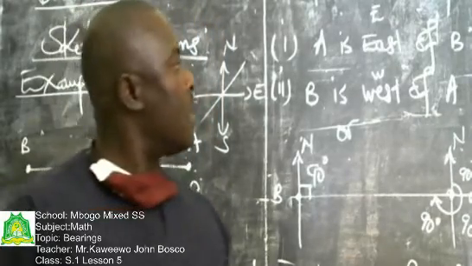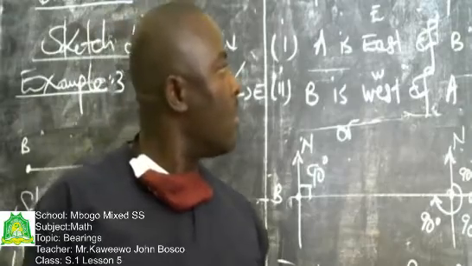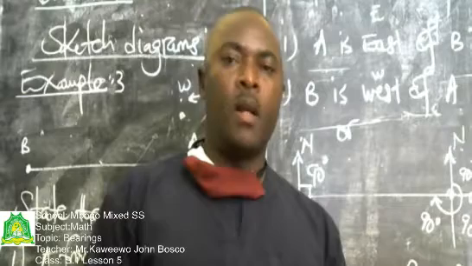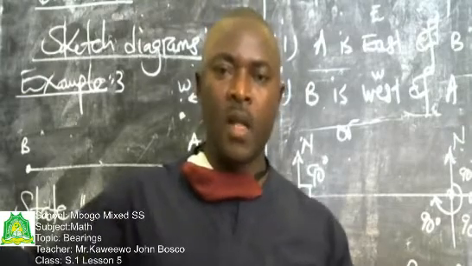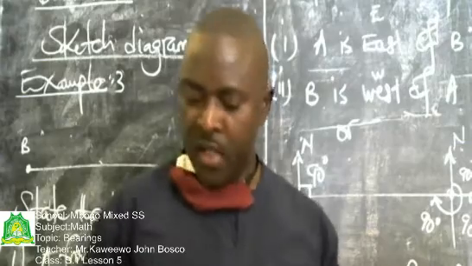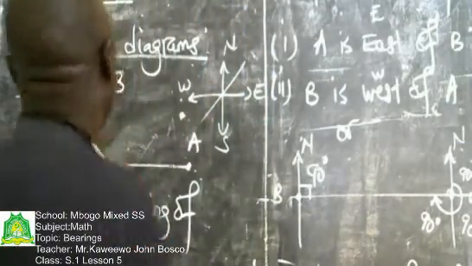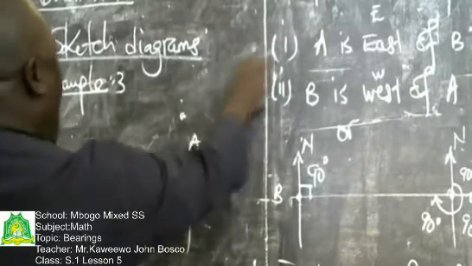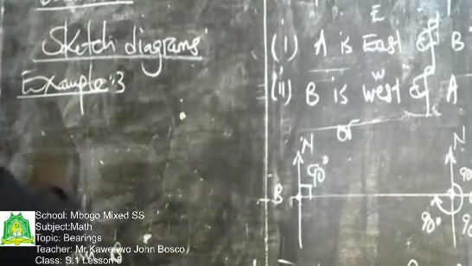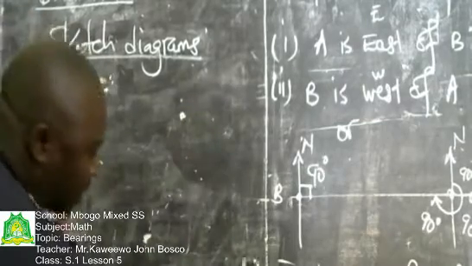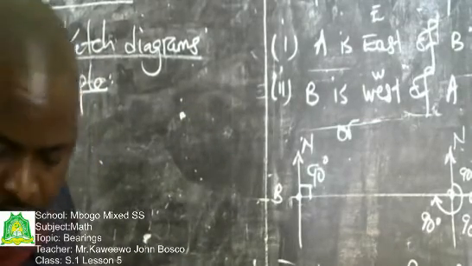However, if they say, what is the bearing of South Sudan from Uganda? If you are going to South Sudan coming from Uganda, you take a north. You may look at the figure by way of stating the angle, or you can just state the point that is north, is south, is east, or is west.